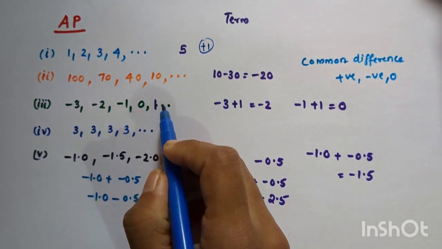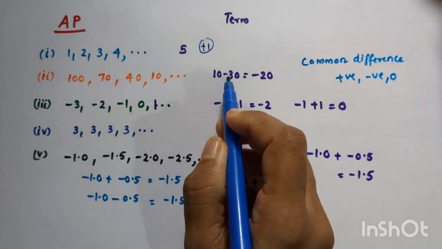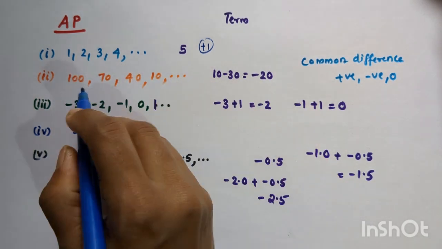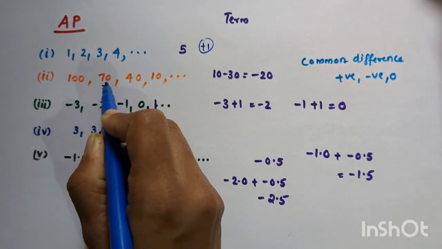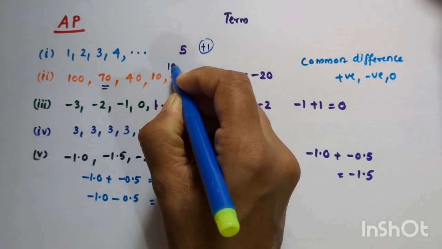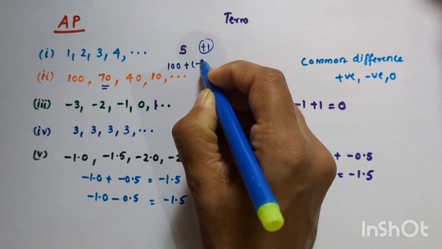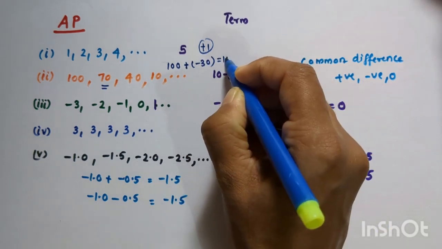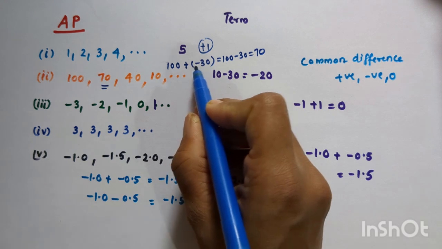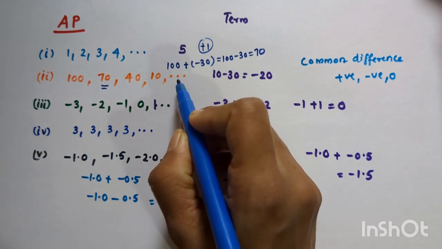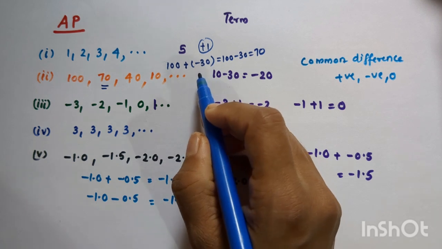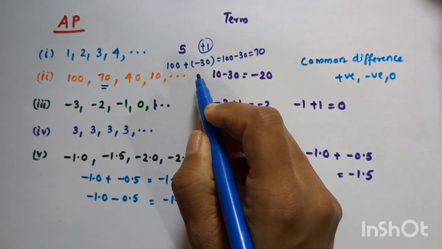In the second list, we are subtracting 30 from each preceding term. When you consider 70, its preceding term is 100, so this is like 100 plus minus 30, which is 100 minus 30, equal to 70. Here we are adding minus 30 with the preceding term to get the next term. So the common difference is minus 30, that is, negative.